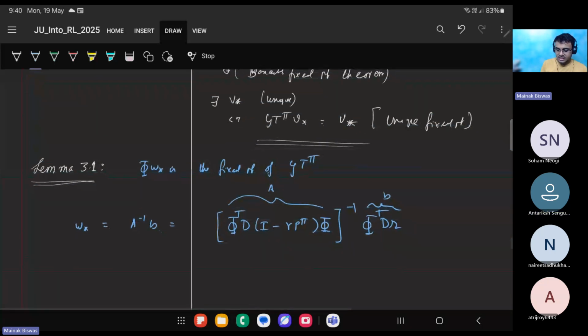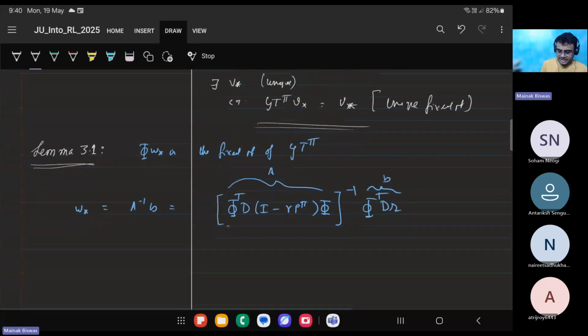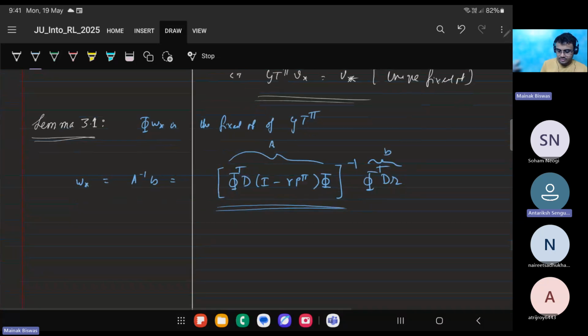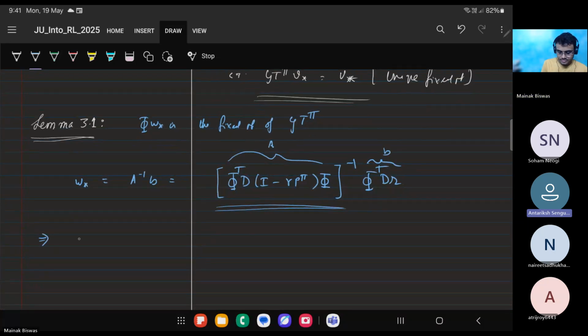So now instantly I can do one trick. What is the trick? I can take the inverse and cancel out phi transpose.